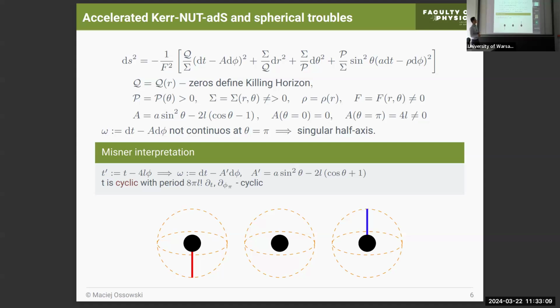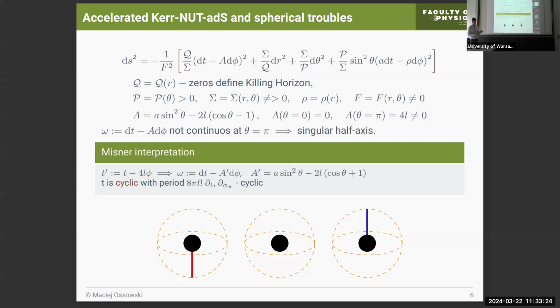So this means that in the spacetime there's a singular half-axis, which one way of interpreting is, for example, to put an infinitely thin source of angular momentum along the singular axis.